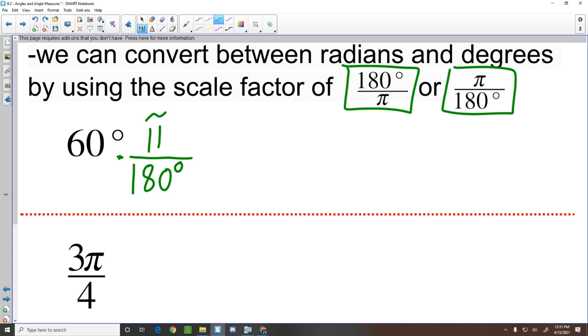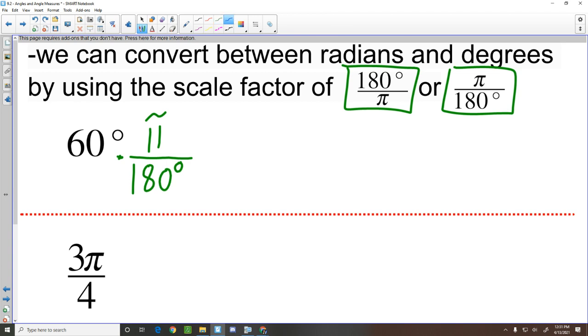Pi and 180 degrees, those look like very different values. But are they? Is pi different from 180 degrees? It's the exact same thing. So all I'm really doing here, I'm multiplying by 1 because pi and 180 degrees are the exact same thing. So we are legally allowed to multiply by this.